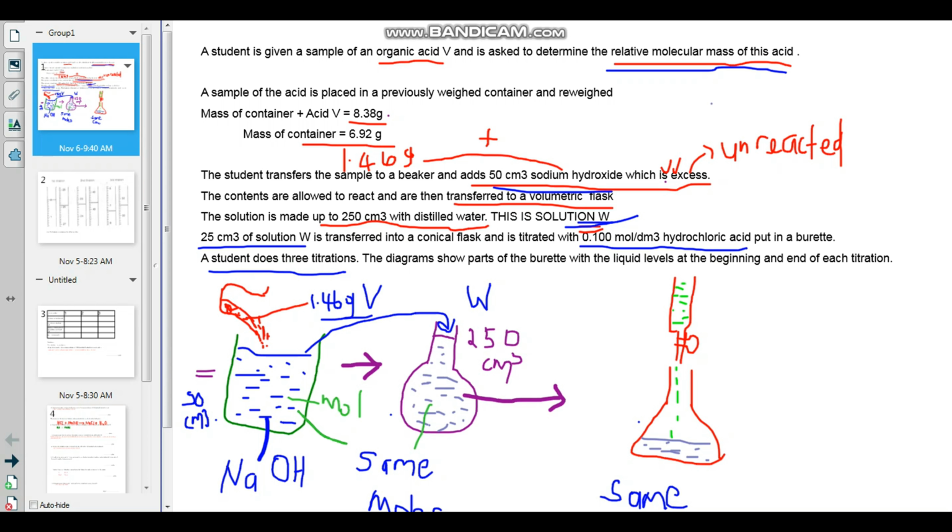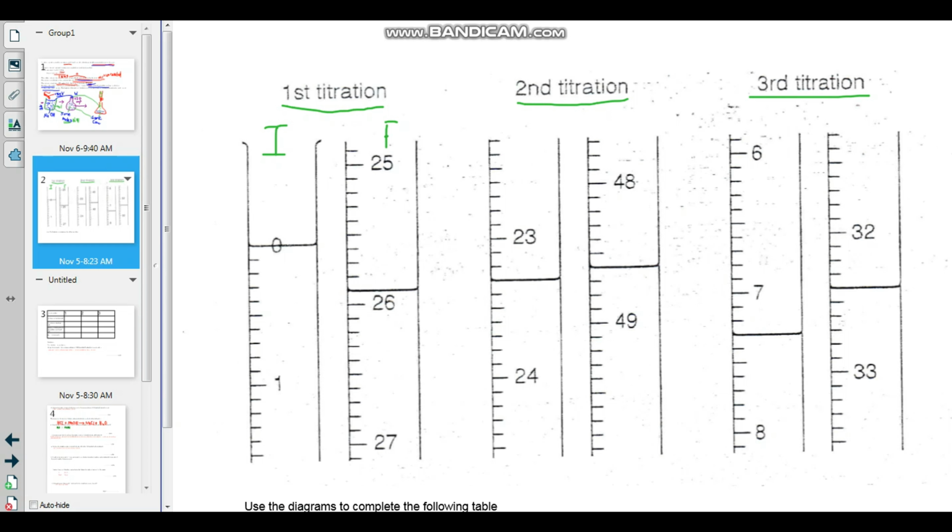These are the results of the 3 titrations: the first titration, the second titration, and the third titration. This will be the initial reading, this will be the final reading of the first titration, the initial reading of the second titration, the final reading of the second titration, the initial reading of the third titration, and the final reading of the third titration.